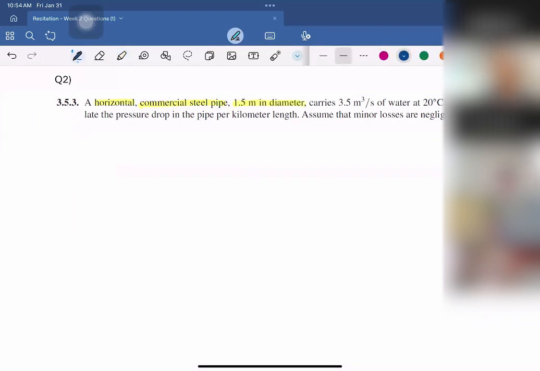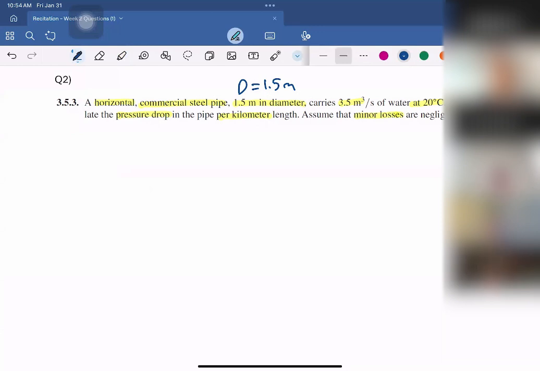We have diameter, which is D, and we have flow rate 3.5. The temperature is 20 Celsius. We need to calculate the pressure drop in the pipe per kilometer, and we are ignoring minor losses.